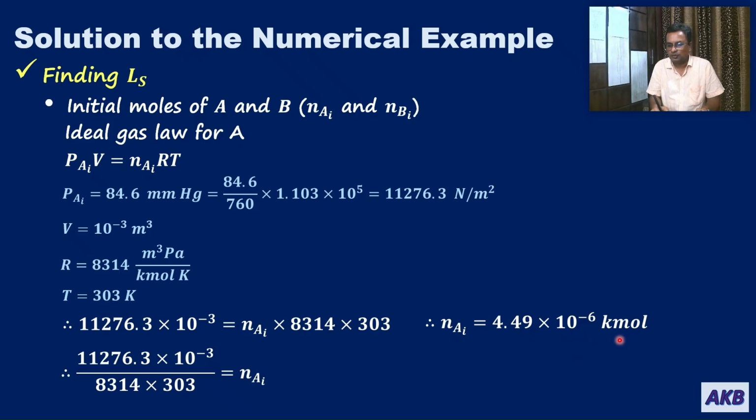If I have to convert it to mole, I will have to multiply with 10 to the power 3, so 10 to the power minus 6 into 10 to the power plus 3 gives 10 to the power minus 3. So NAI, the initial moles of A in the flask, is 4.49 into 10 to the power minus 3 mole.